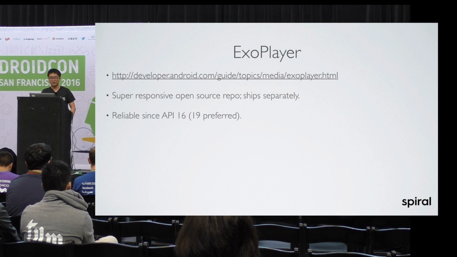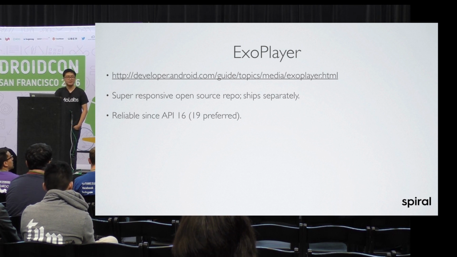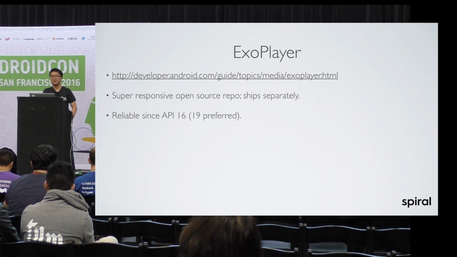Fortunately, Google has put all this together in an open source library called ExoPlayer. It's probably the best thing that happened to the media world in the last couple of years. It was open sourced in 2014. It got a lot of attention. It's been actively developed. They solved a lot of feature requests along the way. And it's pretty reliable since API 16.